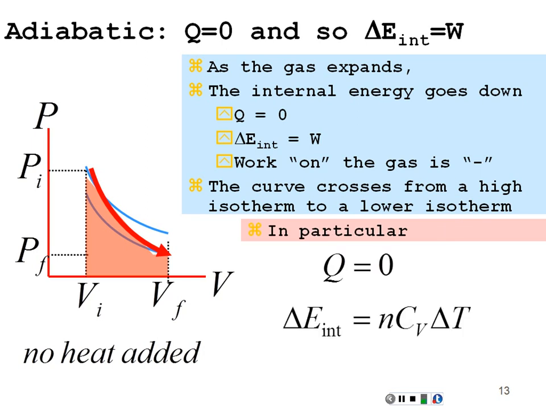Change in internal energy is equal to N C sub V delta T as always. And the work in this case would be equal to N C sub V delta T, just because it's equal to the change in internal energy. As we go from a higher temperature to a lower temperature, this delta T will be a negative value.